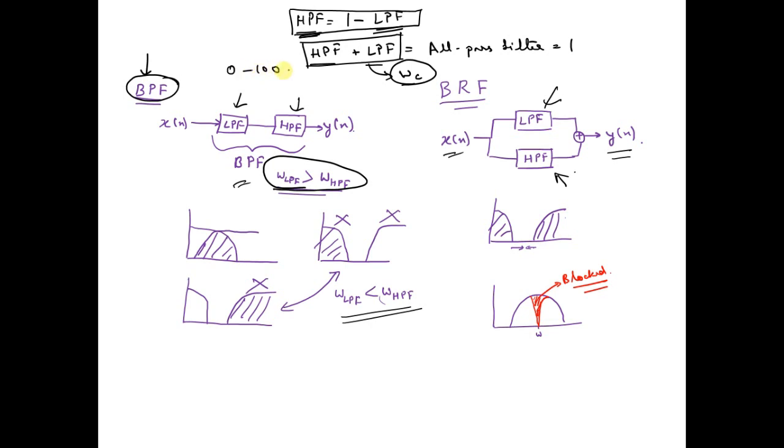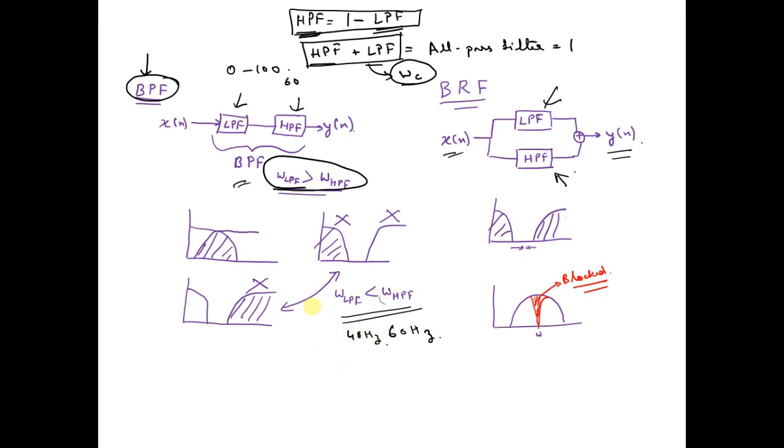Say the high pass filter cutoff is greater. For example, we take 60 hertz, and the low pass cutoff is 40 hertz.